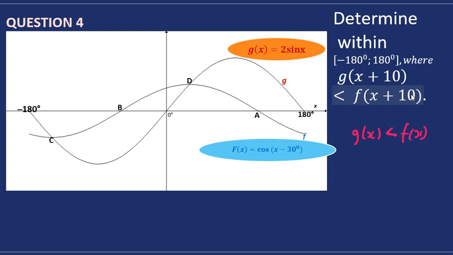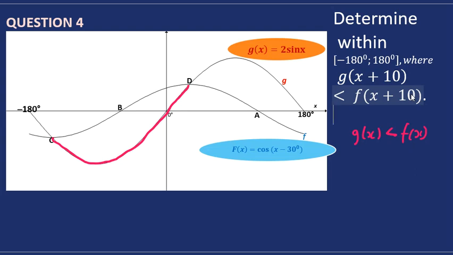So where is g of x smaller than f of x? Remember, g of x is smaller than f of x when it is below f of x. So from C all the way to D, g of x is smaller than f of x because it is below f of x.